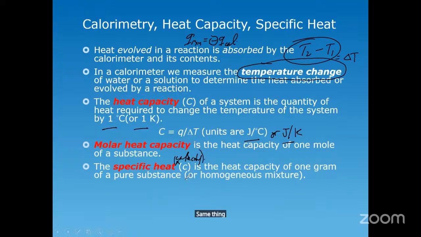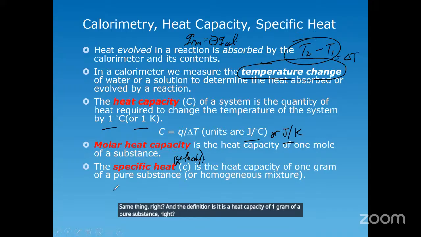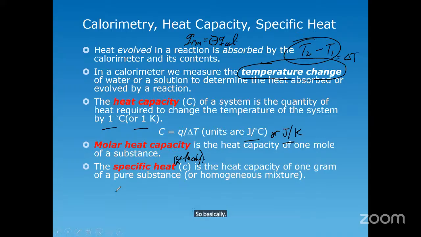And the definition is that it is the heat capacity of 1 gram of a pure substance. So the relationship between specific heat and the heat capacity is given by this expression right here. Lowercase c is the specific heat, uppercase C is the heat capacity.